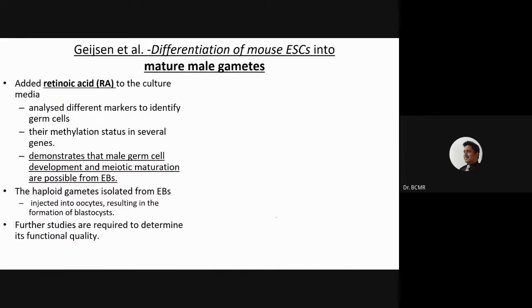So the second one is, in the previous one, we went from embryonic stem cells to sperm-like cells that participated in spermatogenesis. I mean, meiosis happened, everything, but we don't know anything about their potential for fertilization, because sperm is special in the sense that you need to have the apparatus for fertilization to occur.